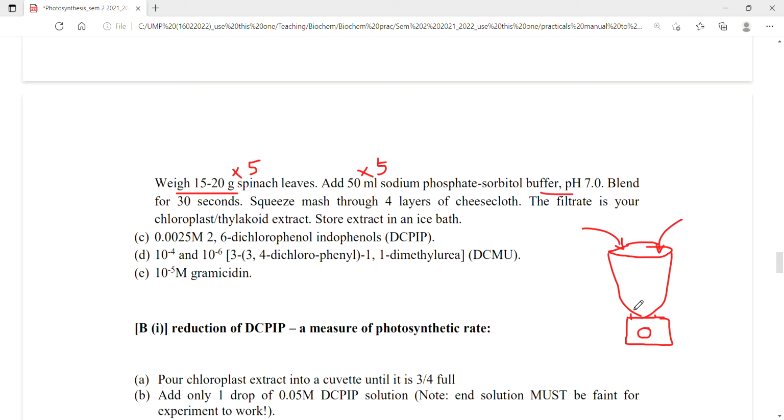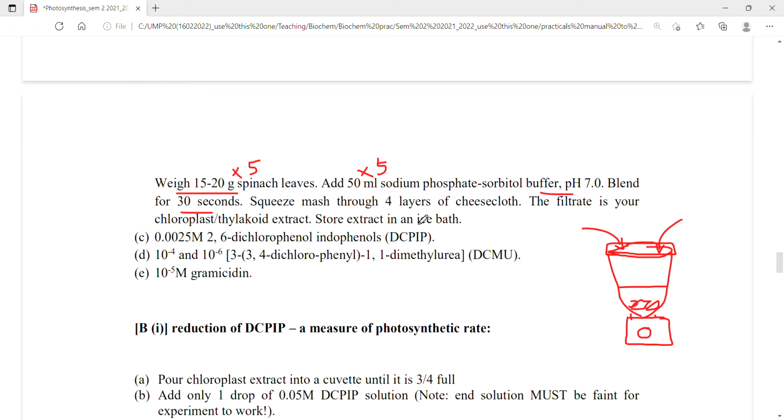Assuming the leaves and buffer are inside, we cover it with a cover and blend in pulses for 30 seconds only, very fast, done.